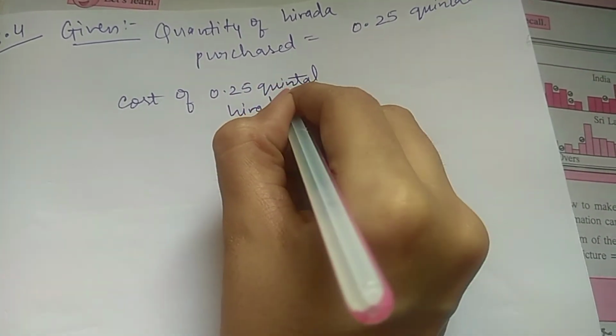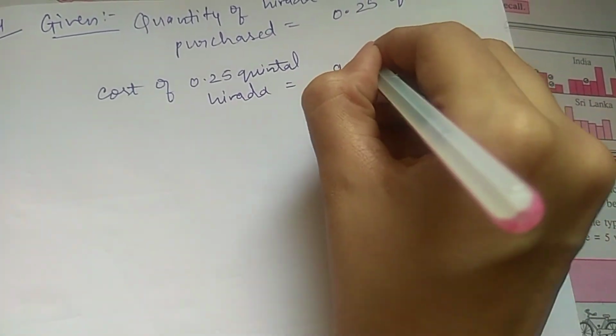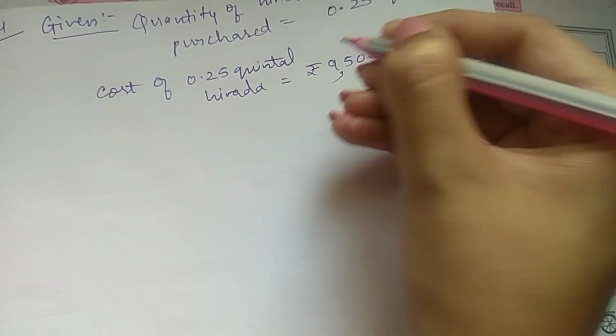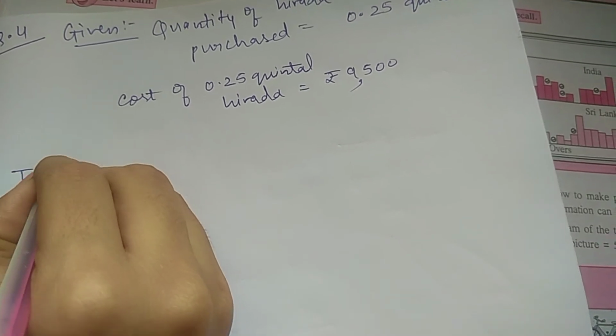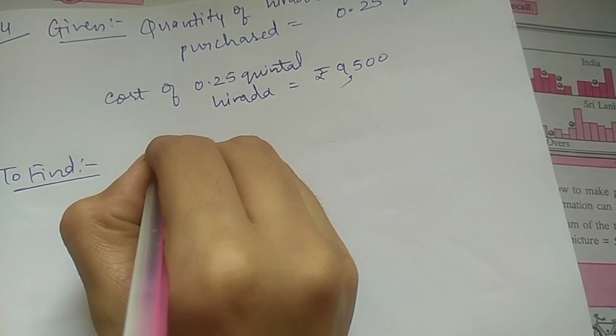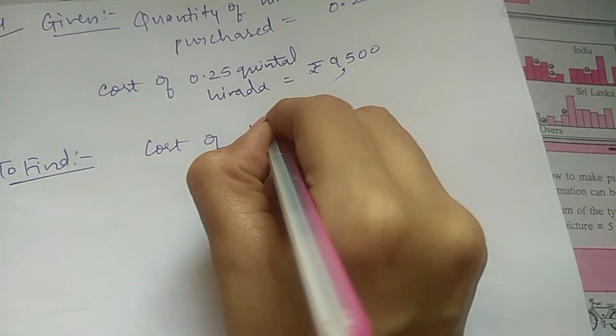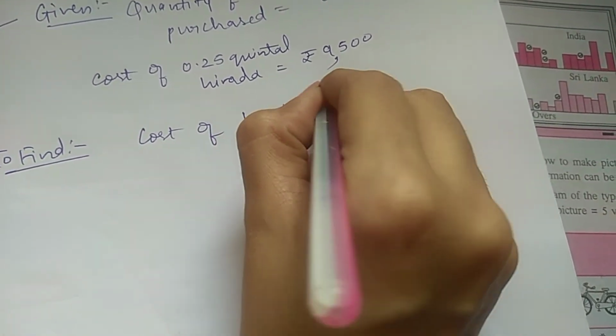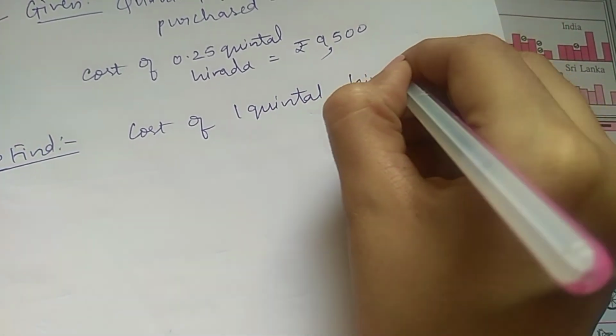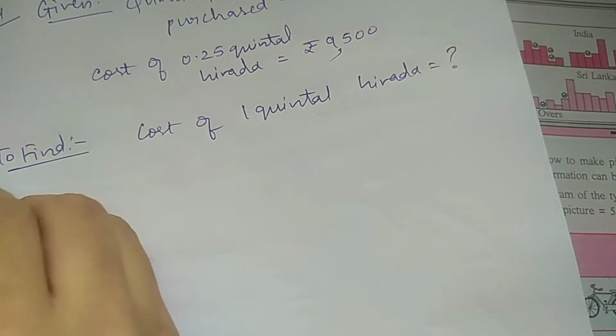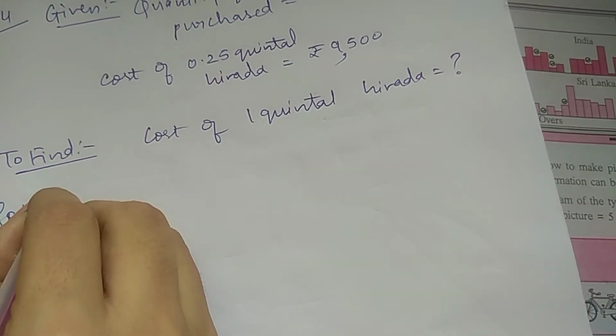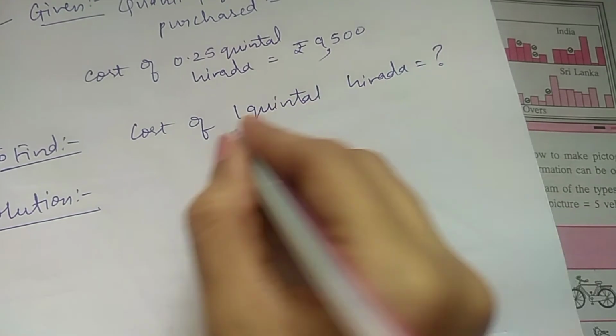What's the cost? It's 9,500 rupees. What we have to find? We have to find the cost of 1 quintal Hirida. So for the solution, again we will carry out division.